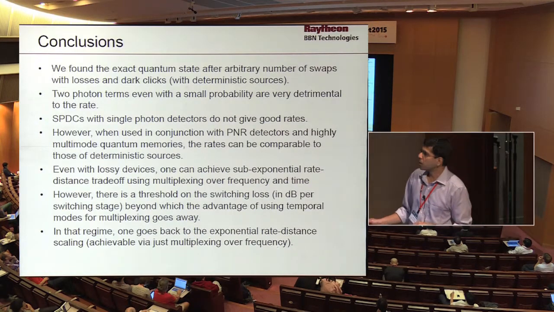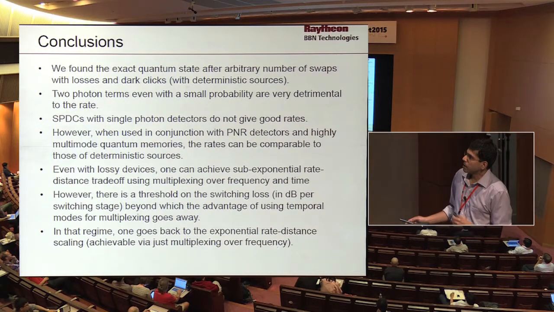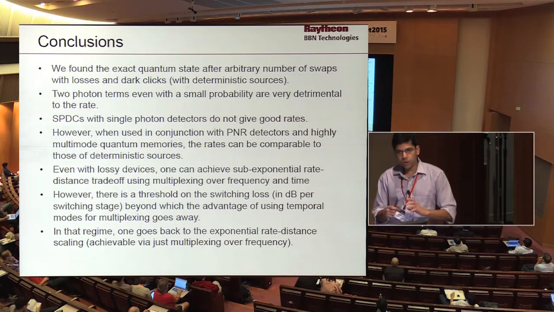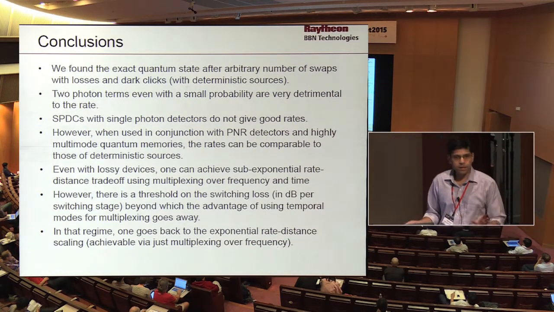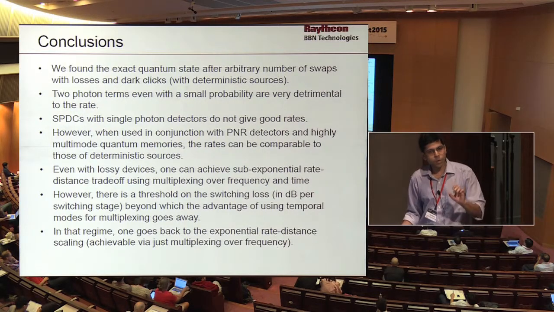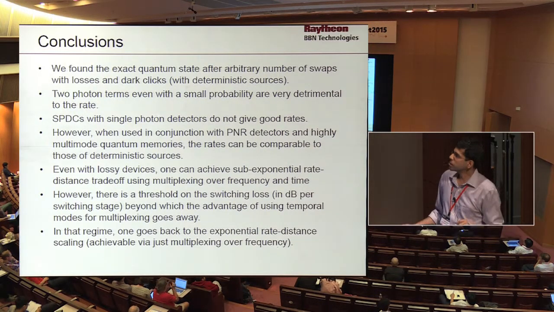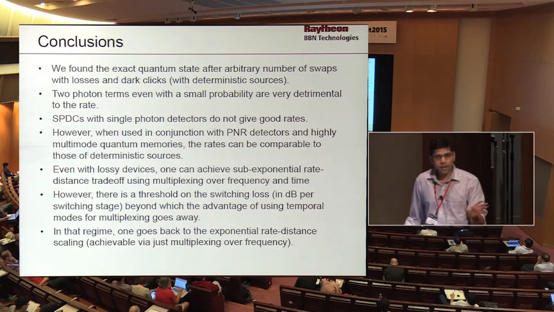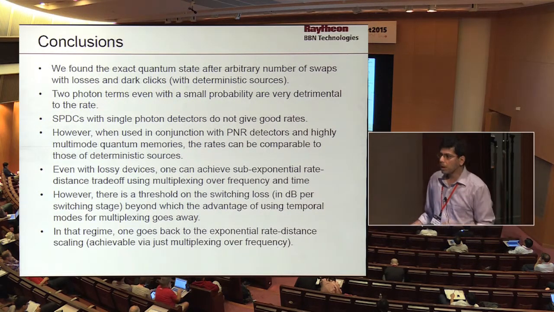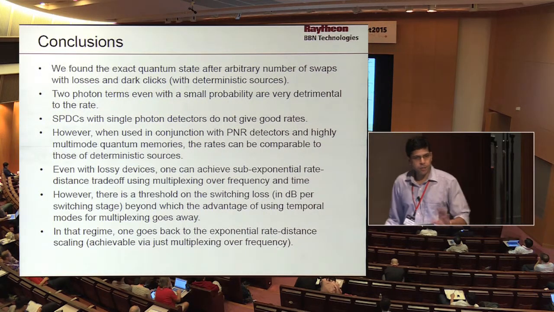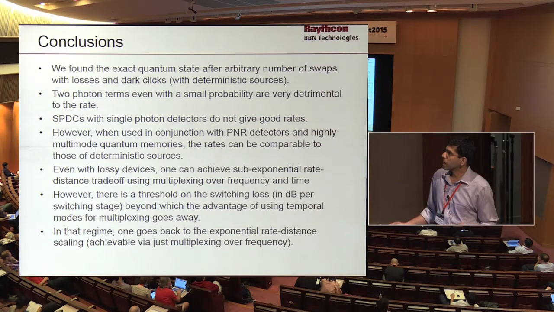OK, so I'm kind of out of time. Essentially, what we've done is look at the exact analysis with dark clicks and all kinds of inefficiencies in the detectors and channel loss and everything, when the initial entangled quantum state doesn't have two photon terms. In that case, single photon detectors are fine, and you get a very good rate that beats the TGW bound. But if you want to use SPDCs, single photon detectors are pretty much out of the question, and you have to use PNR detectors.